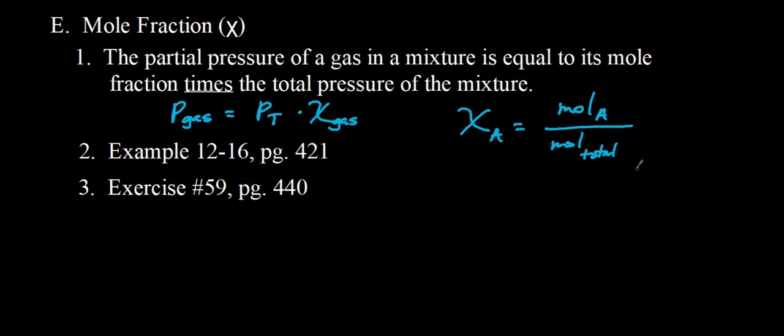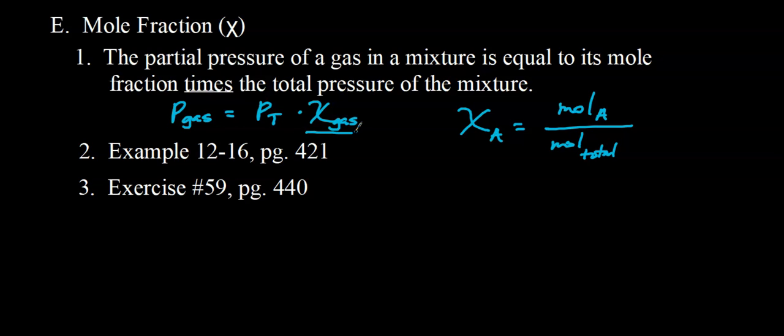So let's say gas X, there's a percent, 30% of the particles in a container are gas X. Well, what percent of the total pressure do you think gas X will exert? Well, 30%. So that kind of makes sense here. So that's how we do that. So mole fraction, moles of one gas over total moles, goes here. If we multiply the mole fraction by the total pressure, we get the partial pressure.